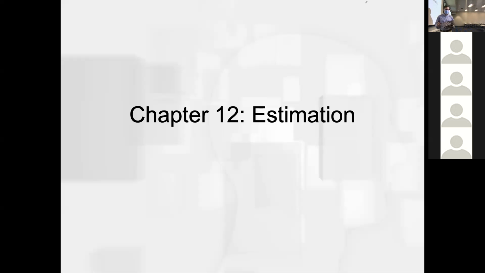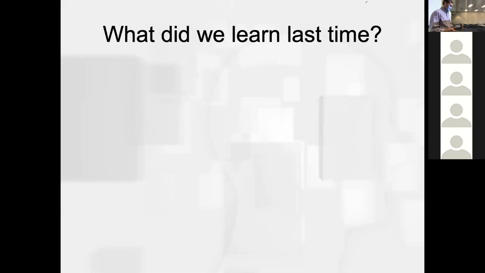Again, today we're talking about estimation, but what did we learn last time? Repeated measures testing. And when would you use a repeated measures test?